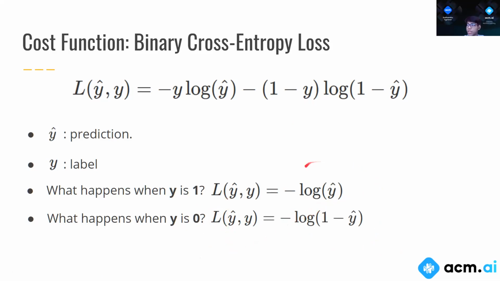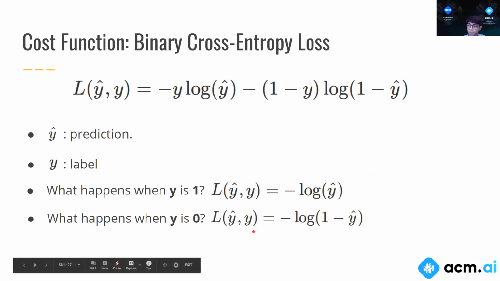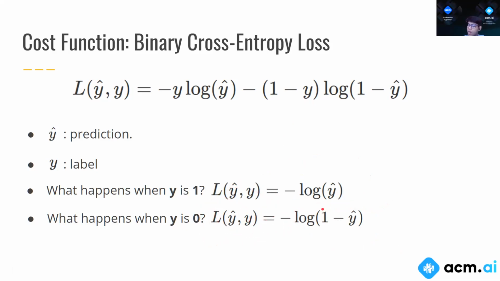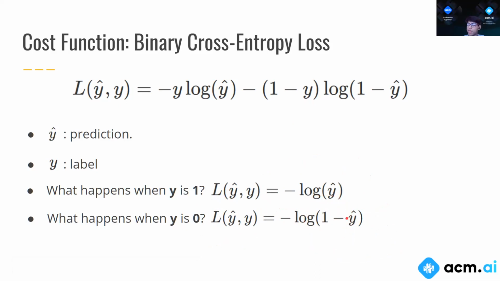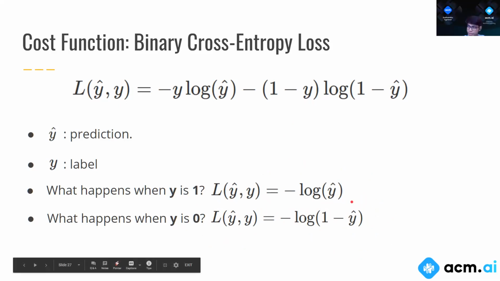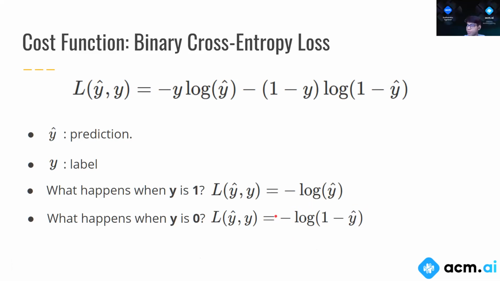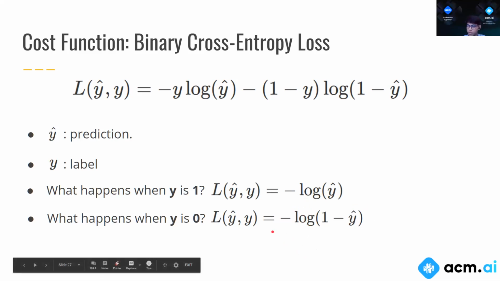Note the difference. Last time we wanted to maximize y hat. Now we want to minimize y hat. So how do we do that? We're going to change this function a little bit. By decreasing y hat, 1 minus y hat ends up increasing because of this negative sign over here. If 1 minus y hat increases, log of that term increases. And like before, we put a negative sign in front, which ends up decreasing the overall loss.